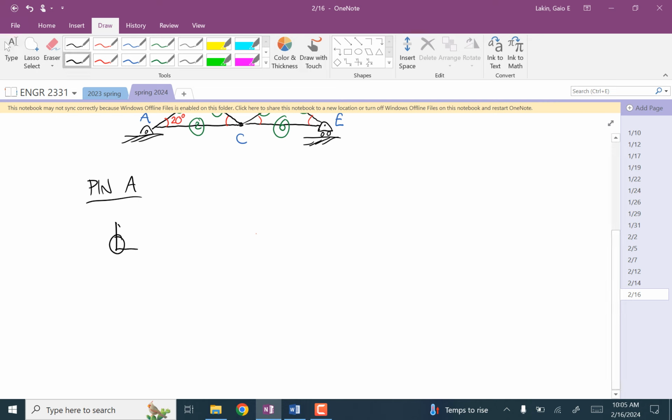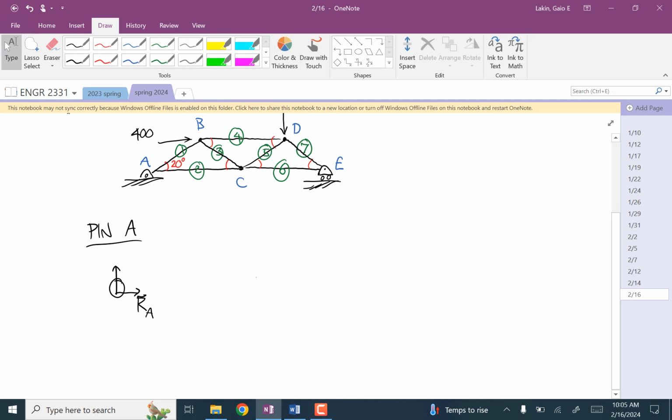We have a reaction force from the ground. And we have a tension force F2 and a tension force F1.